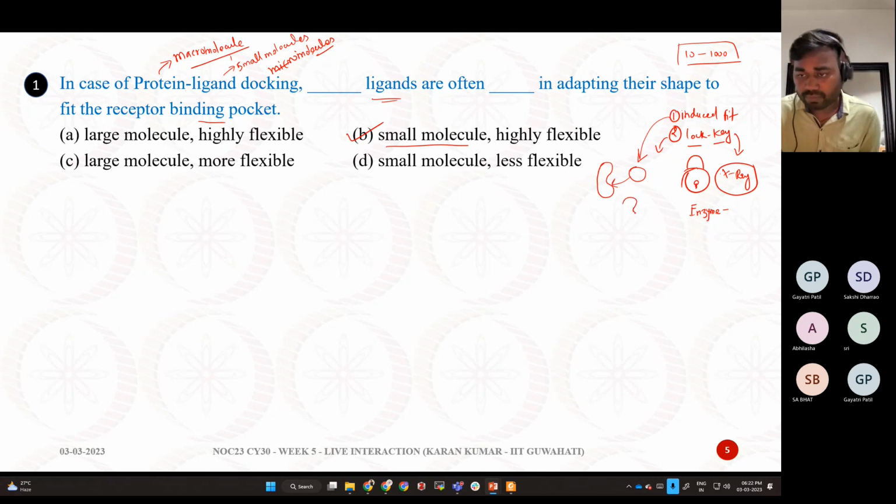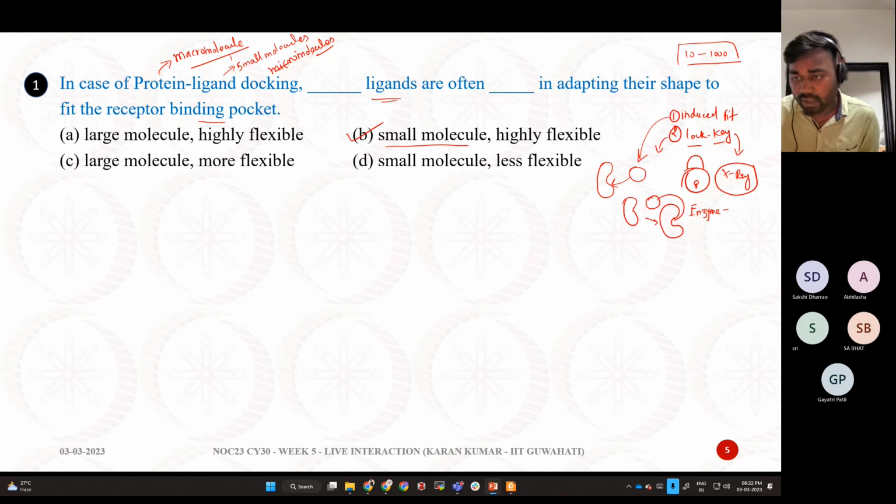But when a substrate comes whose shape is not complementary to the enzyme active site or binding pocket, the enzyme restructures itself and makes a cavity where this substrate can bind and have maximal possible interaction.